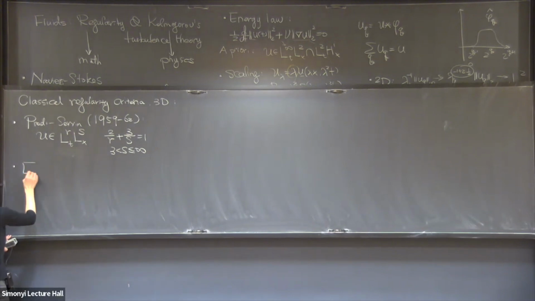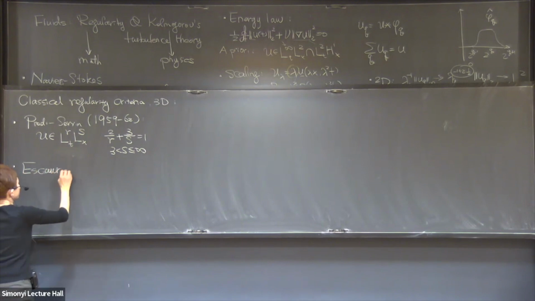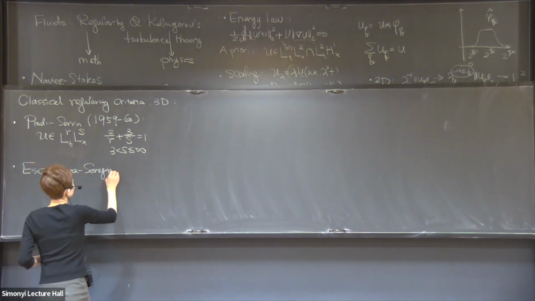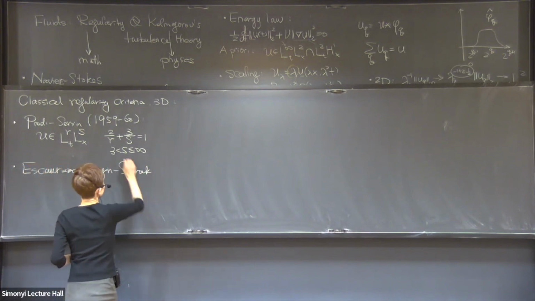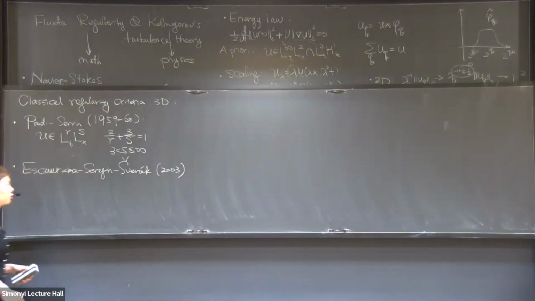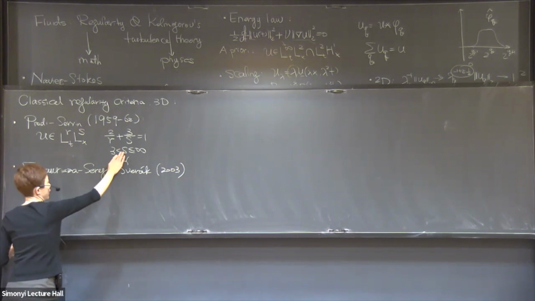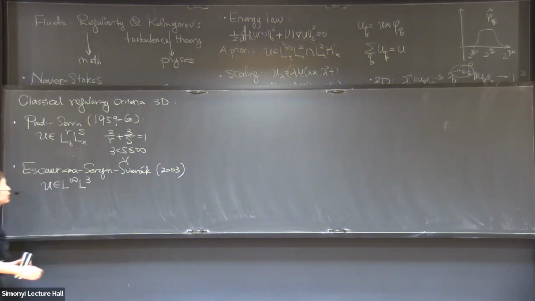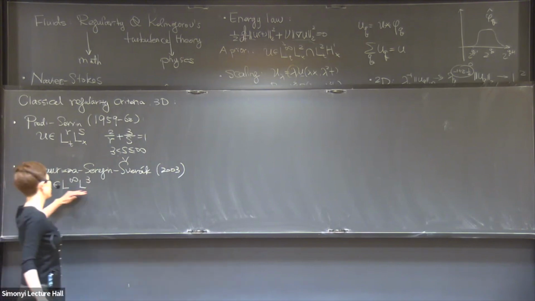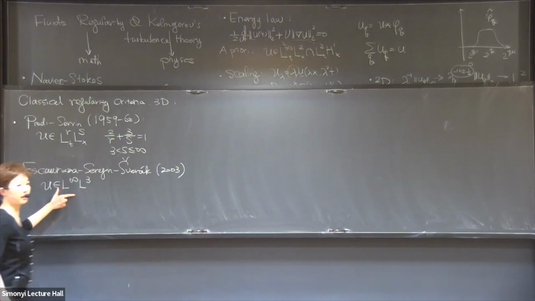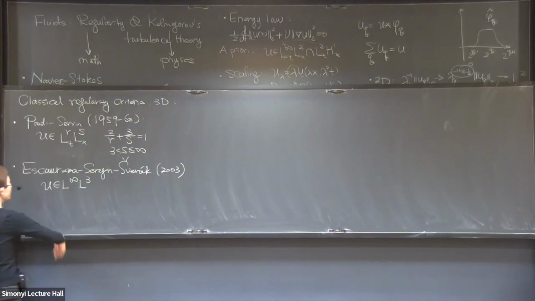The proof was given by Escauriaza, Seregin, and Šverák, around this time, so you can see the gap, 40 years to get the endpoint. They showed that indeed, if U is in this endpoint space here, again, it's good. No blow up.